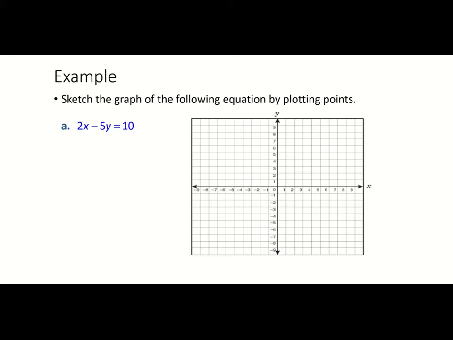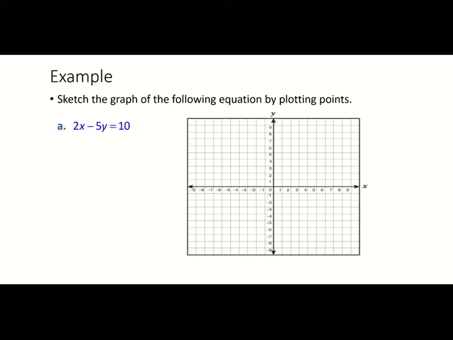So the first way we'll take a look is we will take our 2x minus 5y equals 10, and I'm going to solve it for y. So I'm going to put it in slope-intercept form. The first thing I'm going to do is subtract my 2x from both sides. So now I have negative 5y equals negative 2x plus 10.